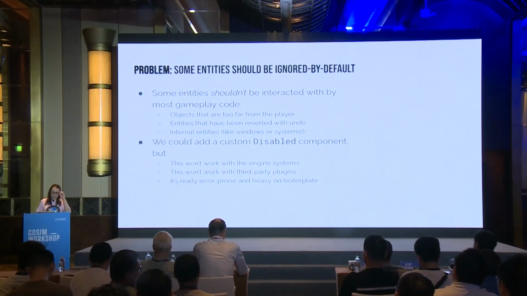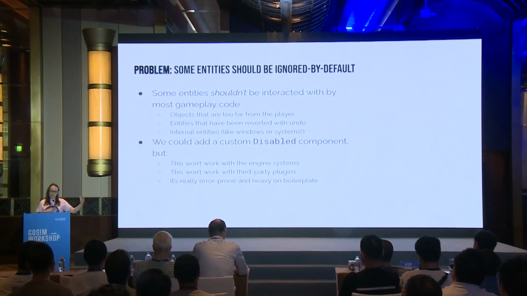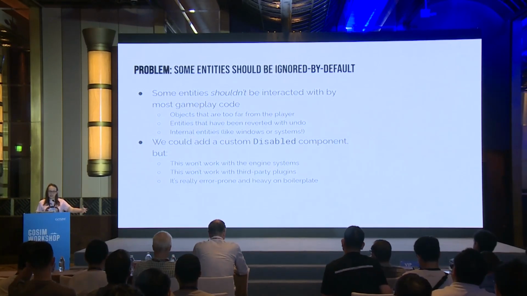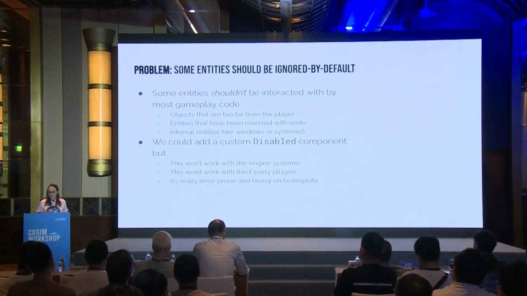And fundamentally, the engine systems don't know about this custom disabled component that you have. The library plugins don't know about the disabled component you have. So how do we actually solve this use case for users?